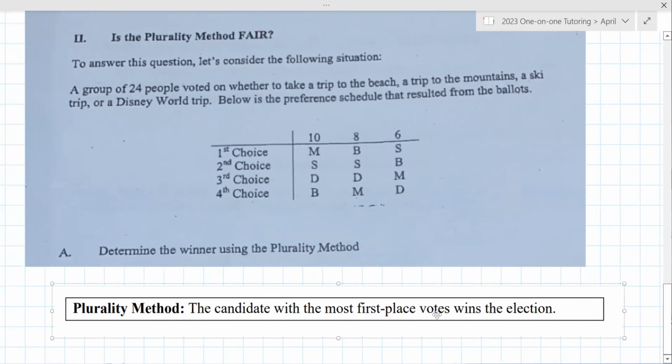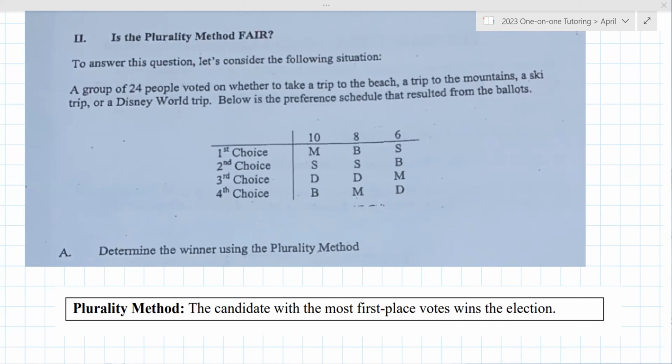So in this case, you're just looking at row one, since the first choice is M and it's got 10 votes. That's it. I think that's maybe the easiest to remember.